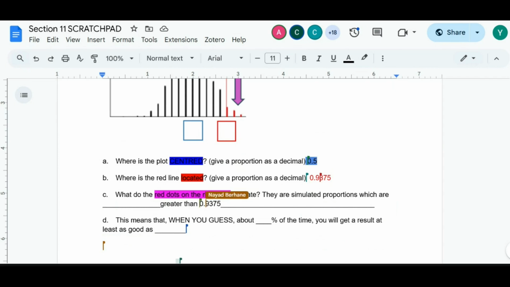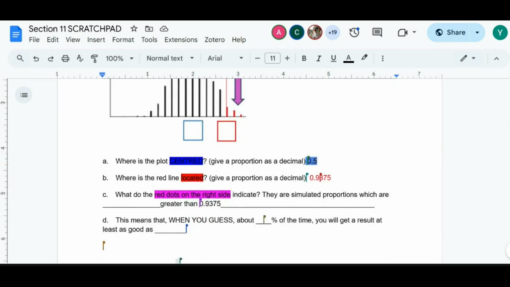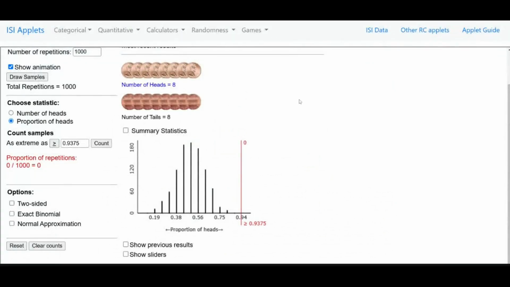Okay, finally, there is one last number here. Remember there was a number floating on top here? That is to answer the final question. This means when you guess about how many percent of the time you get a result at least as good. To answer this, I'm going to have to show you this.